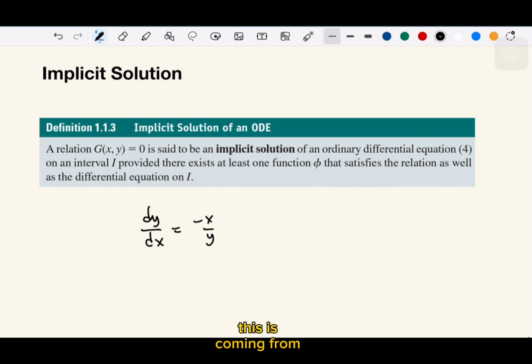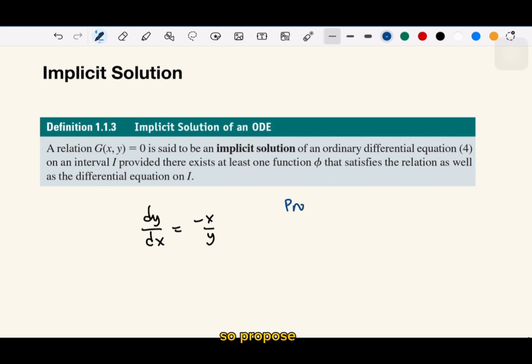This is coming from, let me propose that we have this x squared, let me just write a circle equation like this. Actually, for any constant you have, if you take the implicit differentiation, it will be this, right? So let's take a look and have a review.